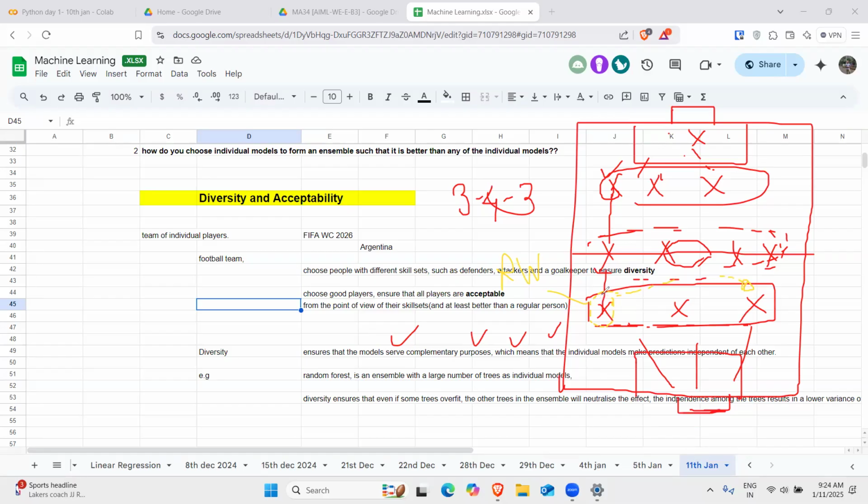But this disability is neutralized by this other player. Similarly, this player cannot play on the right hand side, so this drawback is covered by this player. Yes or no? So a team of individual players will help you in this scenario.